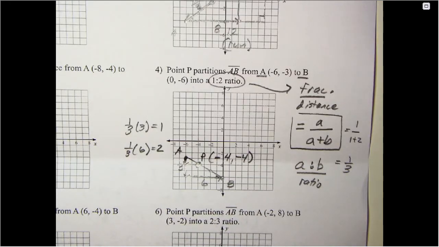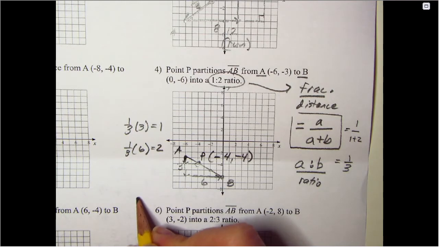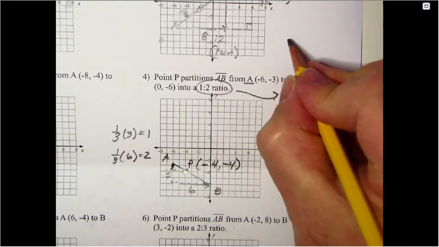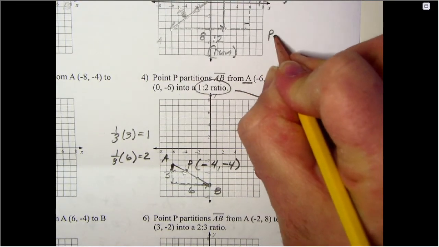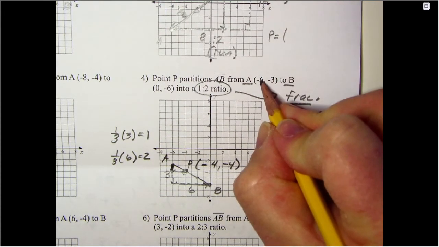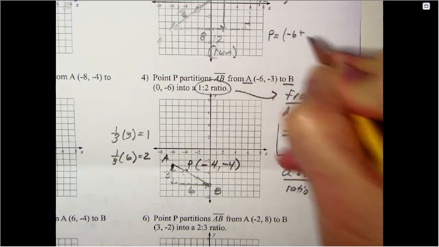Okay? So I want to go back to the partitioning formula just to show you that it works as well for this problem. And I'm probably going to use this space up here. Okay? So find that point P. I would have done x1, that's my -6 here, plus the frac.